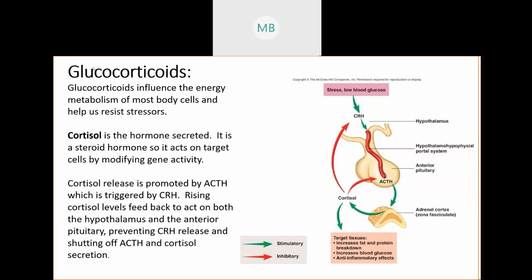Right? So your glucocorticoids are the next ones down your list, right? Your glucocorticoids, their basic job is to keep blood sugar levels relatively constant, right? So they work with your pancreas and insulin and whatnot to help even out and maintain your levels of blood sugar.